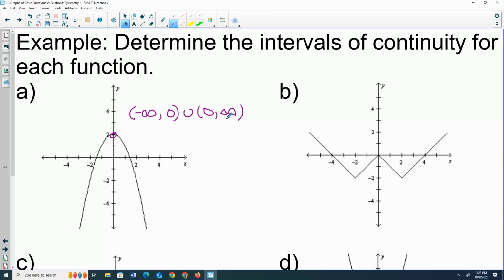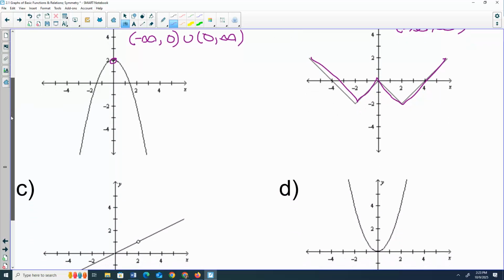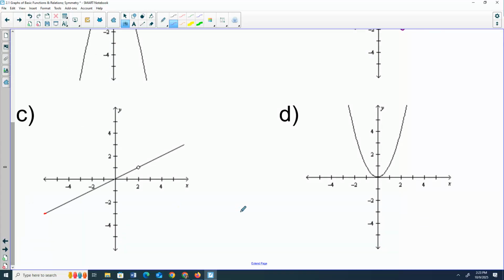If I look at B, is this graph continuous? Yeah, I can draw that whole thing without picking up my pencil, so it's continuous from negative infinity to positive infinity. Where is this one continuous?